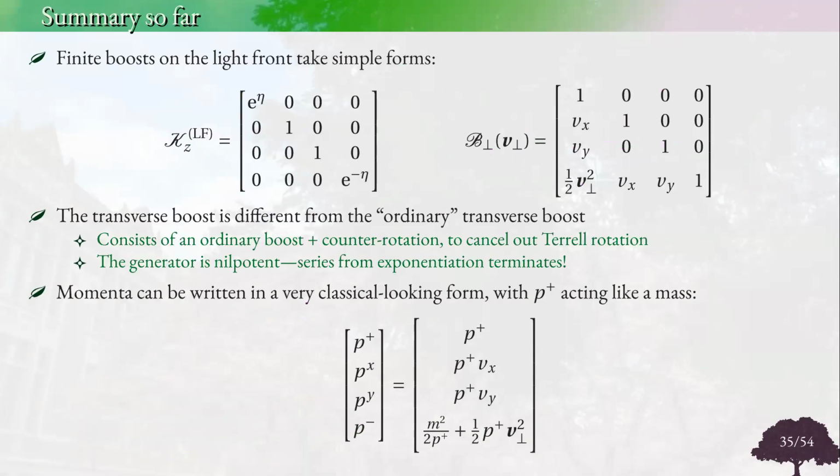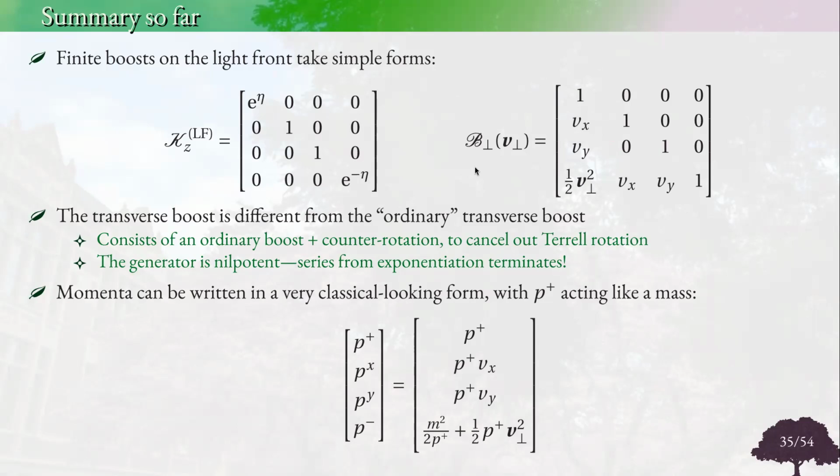So the summary so far is that the finite boosts on the light front, at least if you're using the non-ordinary light front boost for the transverse one, take simple forms in terms of light front coordinates. The longitudinal boost is diagonal, so it just involves scaling the plus and minus components of a four-momentum.